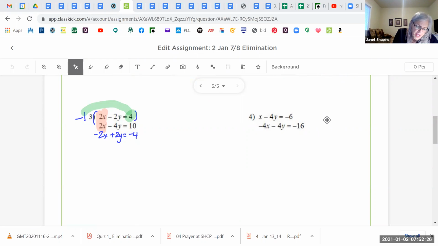Now I am looking at these two equations, and that's what I'm going to solve. When I add them, the x's cancel. I get -2y equals 6. When I divide by -2, I get y equals -3.